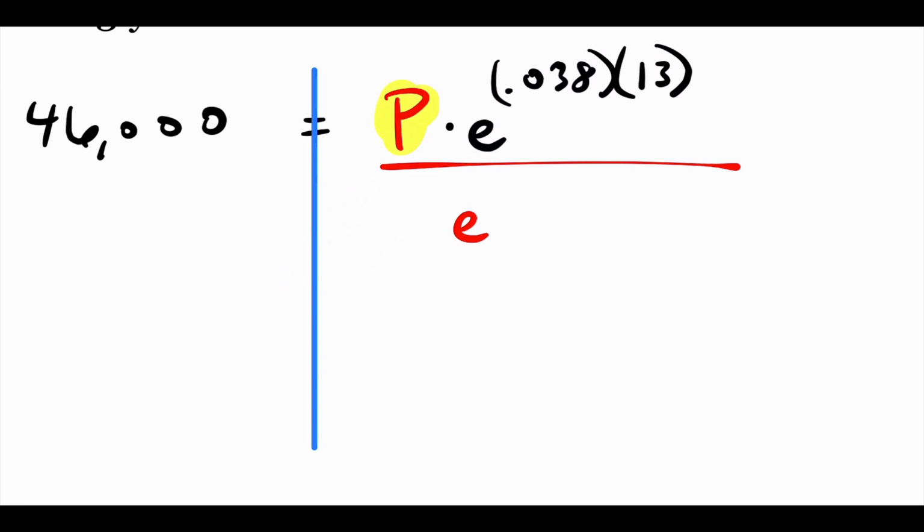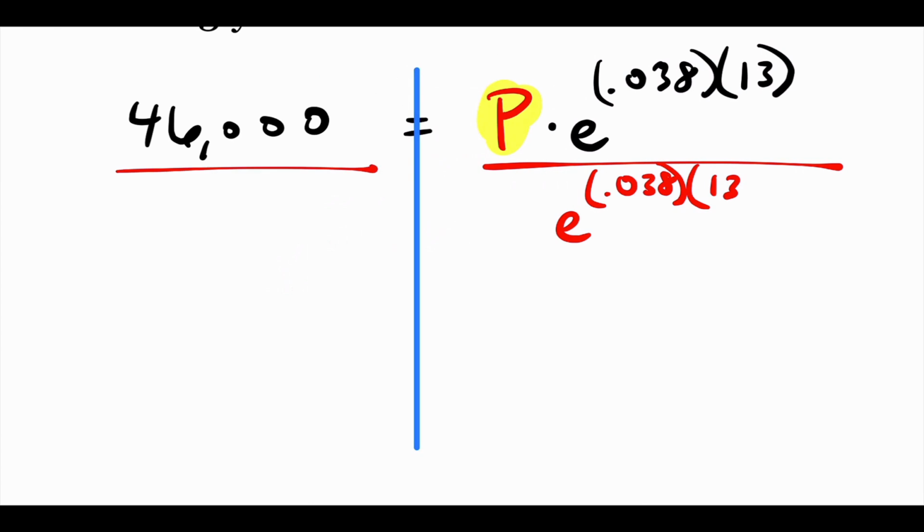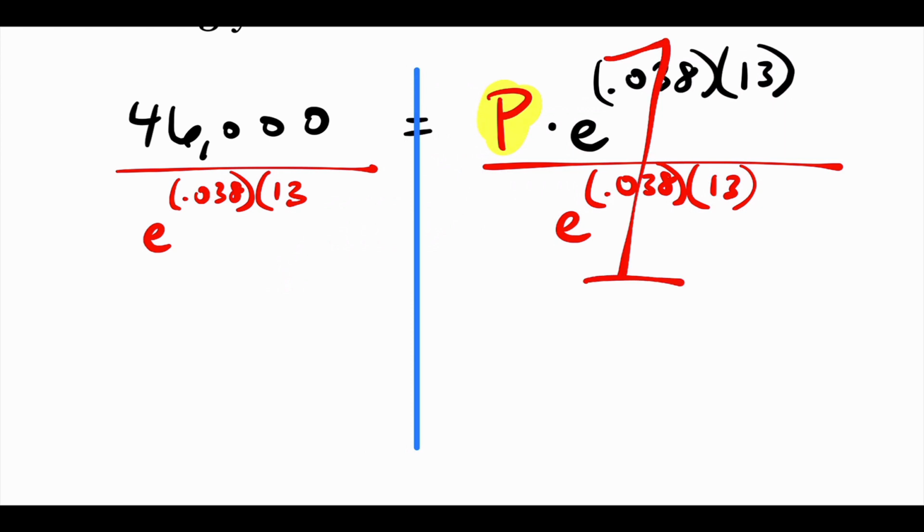So I'm going to divide by everything that's not P. Why divide? Because isn't P being multiplied? So the opposite would be division. If I divide by this, all that's going to be left is 1P, because that becomes a 1.